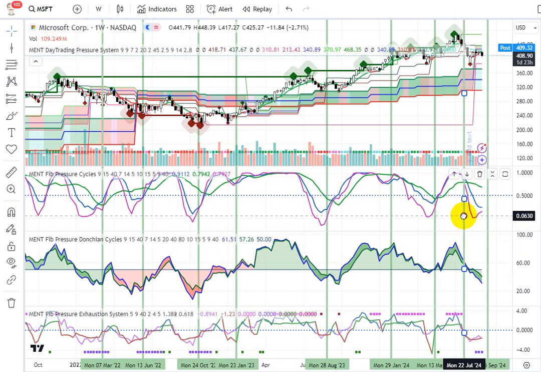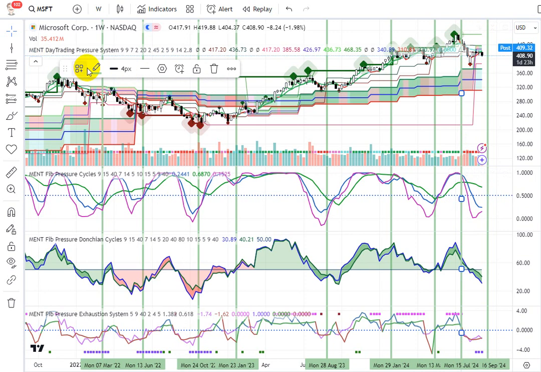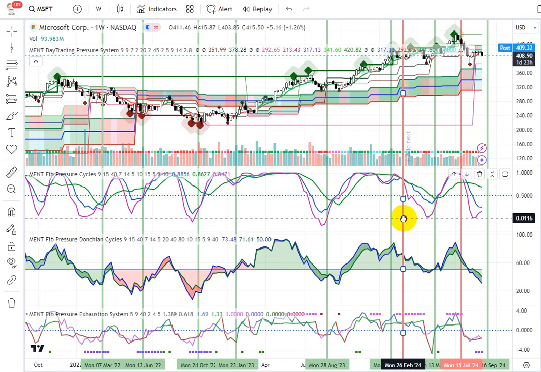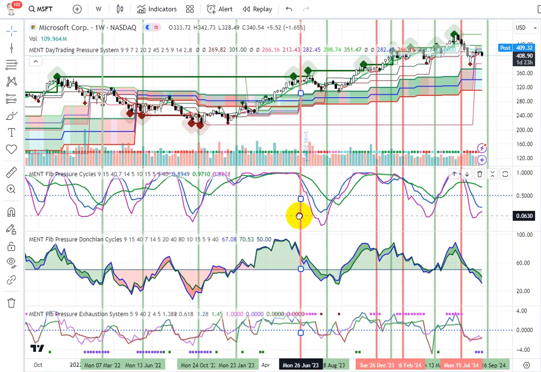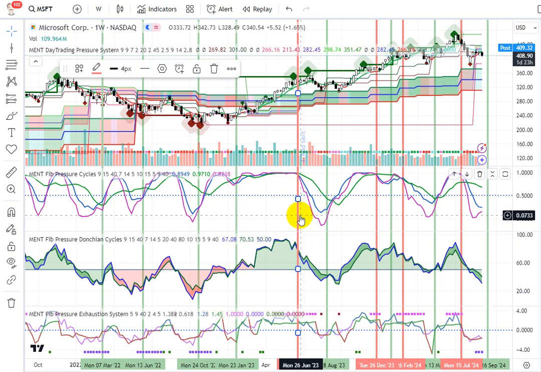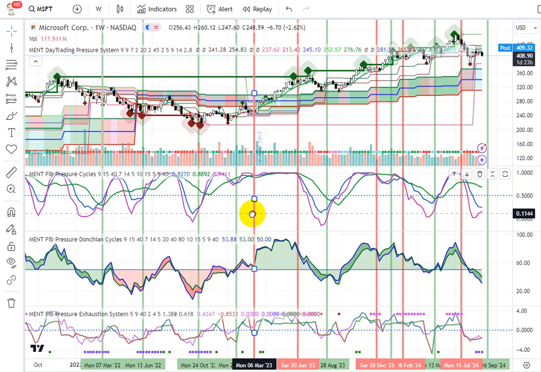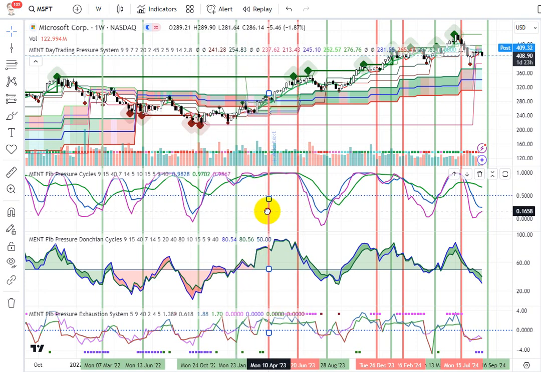I mean, like I said, guys, I want you to see this. I want you to be able to see the value in this, if you can visualize this, like I'm trying to show you. Cycle high, breakdown right there. Cycle high. We get a little rotation here, but nothing major.